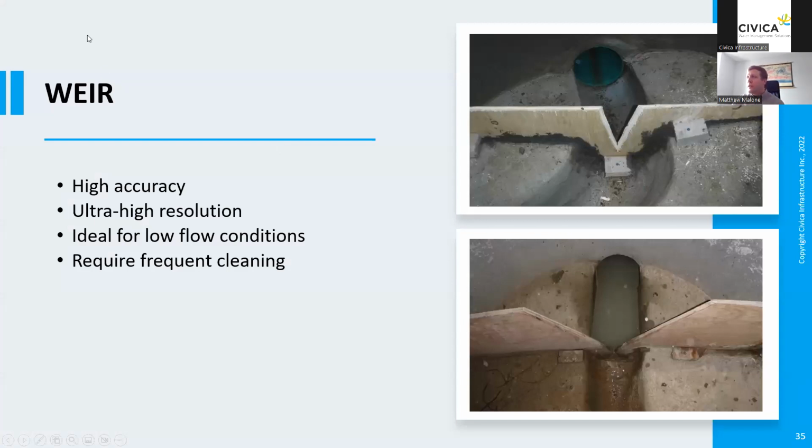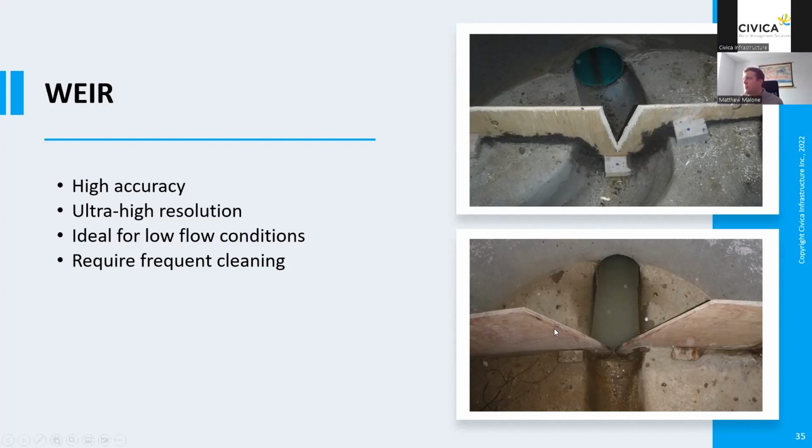And then finally, weirs. These are very high accuracy, ultra high resolution. These are V-notch weirs. You can see this is in a newer subdivision, so barely any flow, really no flow through here at this point. It has a very sharp angle on the V-notch, but when there is low flow, we can get very high accuracy measurements.